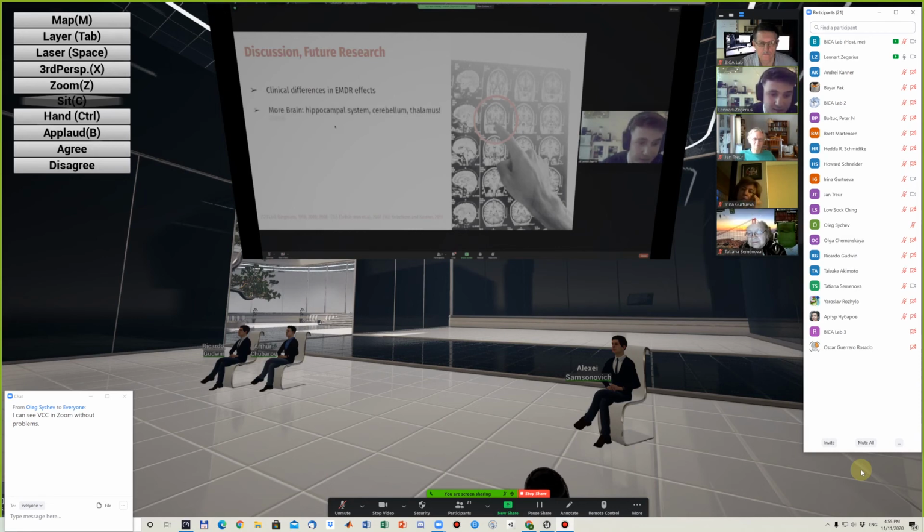There are many brain regions that show interesting activity during EMDR, which are also very interesting to model. For example, in the hippocampus, there's a resetting of the pacemaker cells in the setup. In the cerebellum, there are specific processes, and the thalamus shows increased thalamic activity, which is different from regular visual working memory taxation.